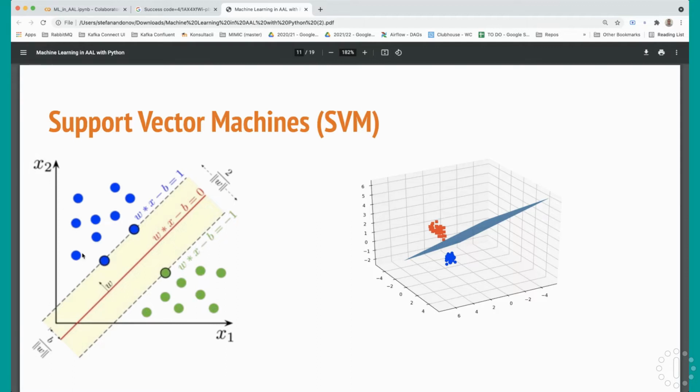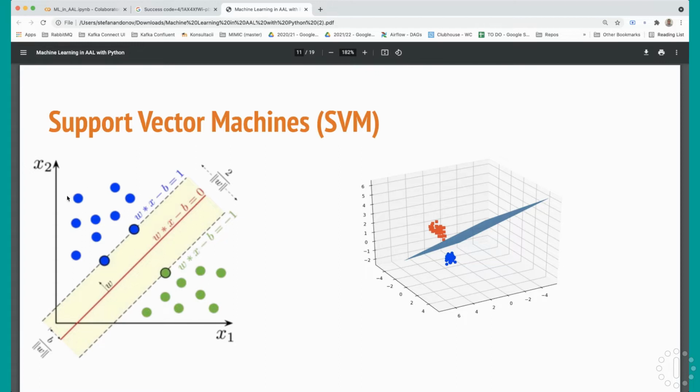It will split both of them, one on one side and the other on the other side, with an equal distance w over here. This is a really complicated optimization process, which represents finding the right value for w in order to draw this hyperplane and separate them on both sides.